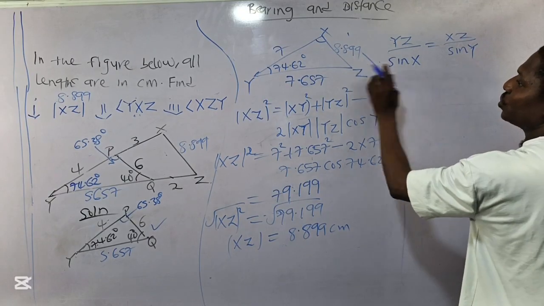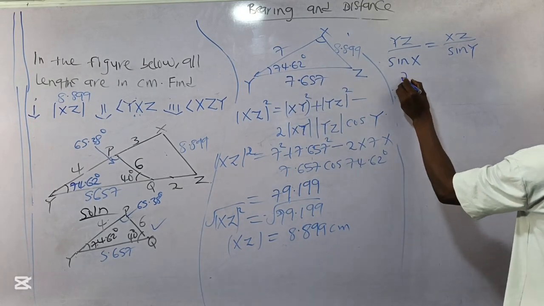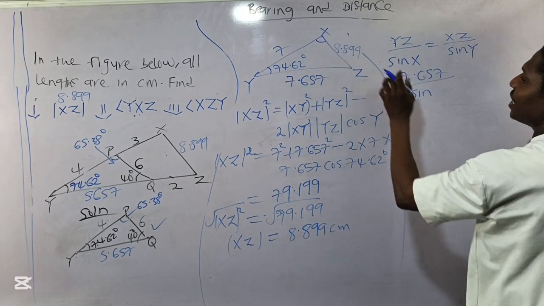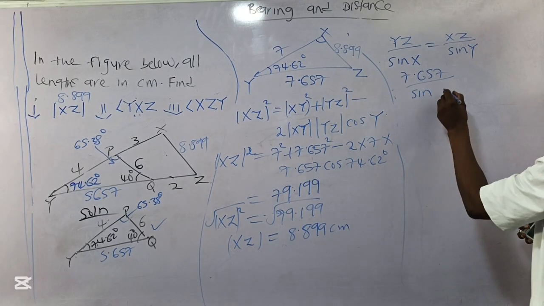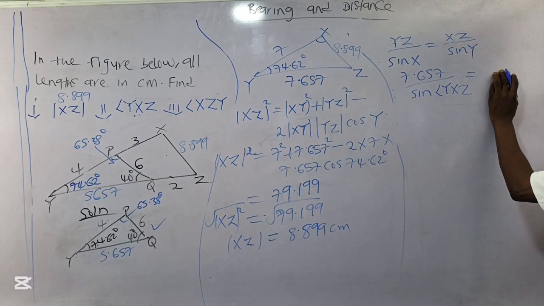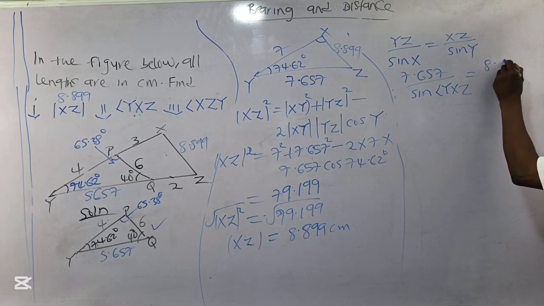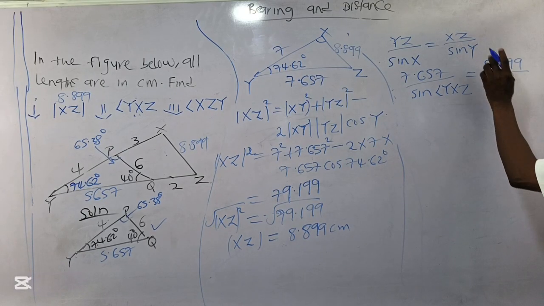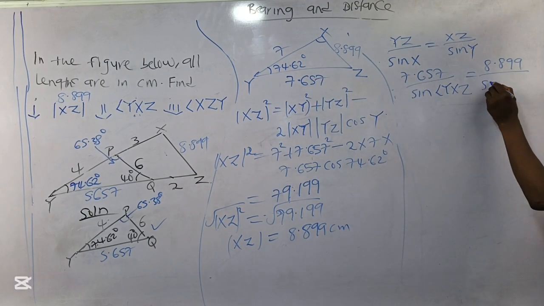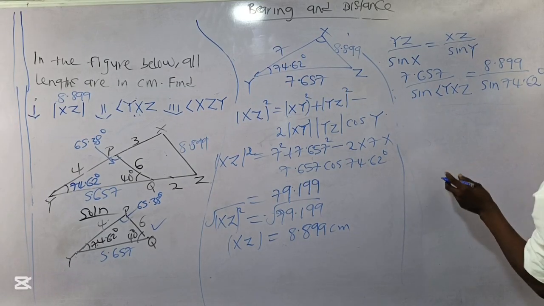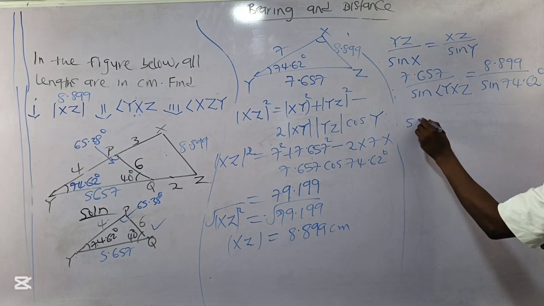I'll put my values. This is my YZ, and it's 7.657 all over sine of my X, which represents angle YXZ, equal to XZ, which is 8.899, all over sine Y. My angle Y is 74.62 degrees.